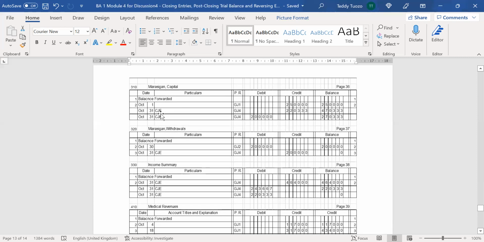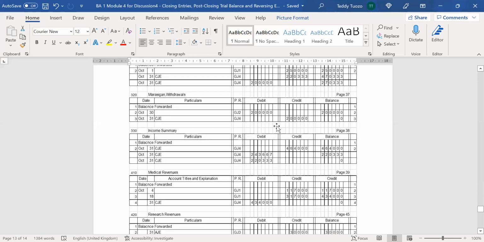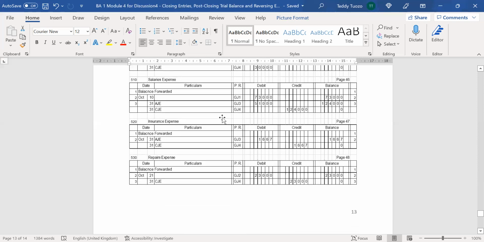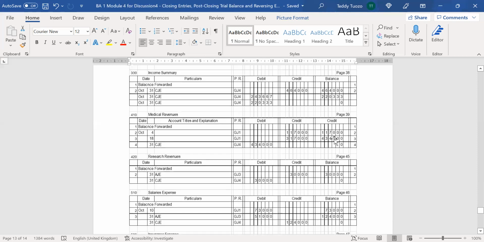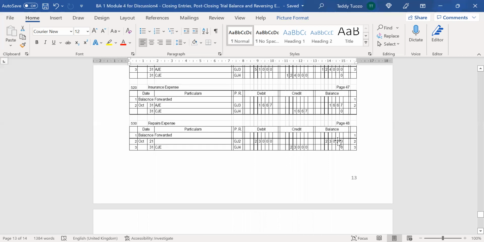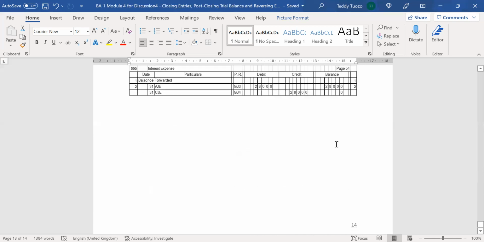CJE is the closing entries: the closing entries for income, for income summary, and for withdrawal. Take note that after the closing entries, the expense accounts have a balance of 0 already.